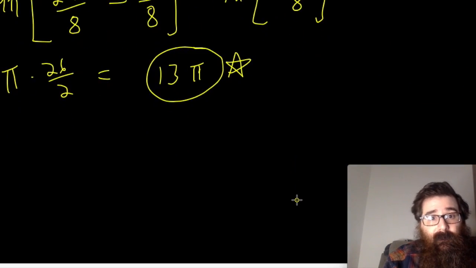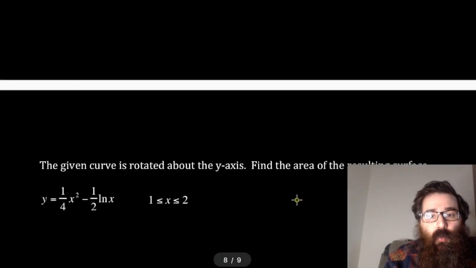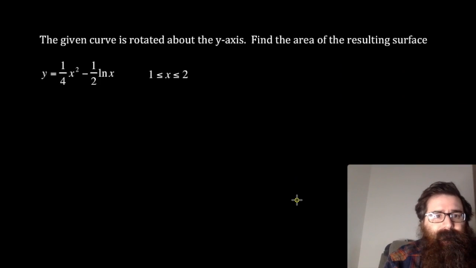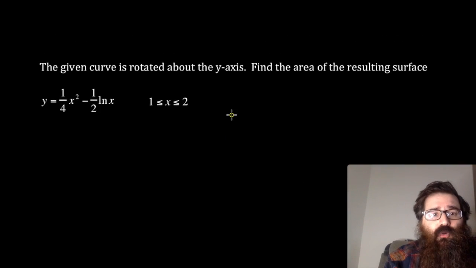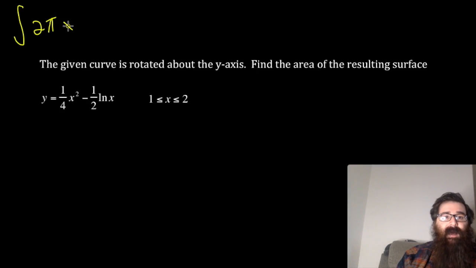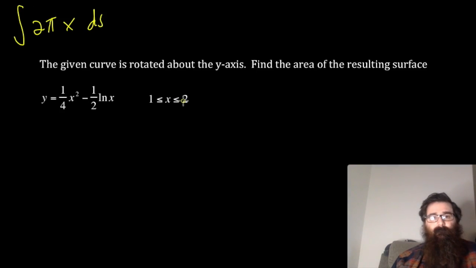So not too bad. And we'll take a look at one more example, and then we're going to get on out of here. So I have the curve rotated about the y-axis. As soon as I hear that, I'm already writing. Rotated about the y-axis means I want the integral of 2 pi x ds.